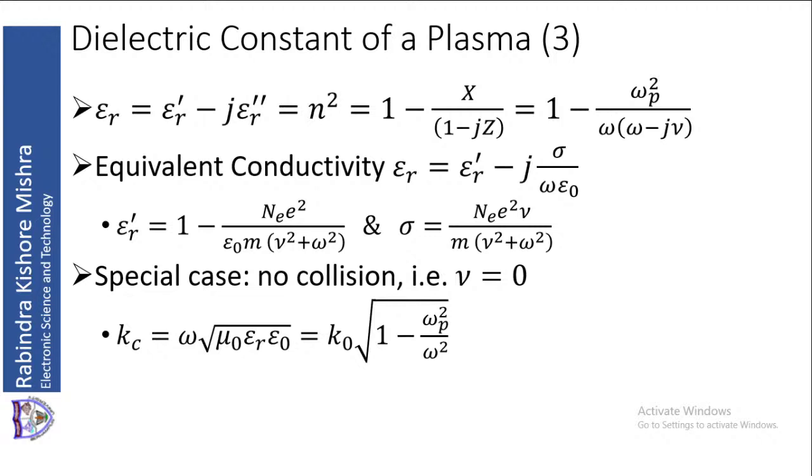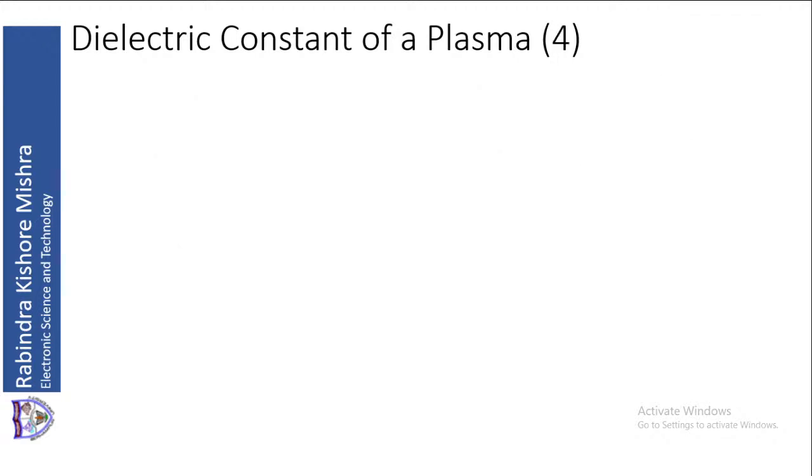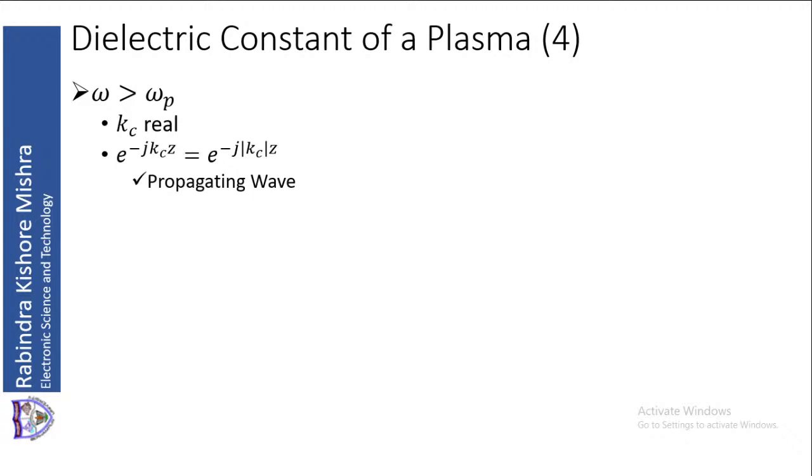So this is for the no collision, collisionless case, and this gives you the expression for Kc. Once we know the expression for Kc, we will find out different conditions.